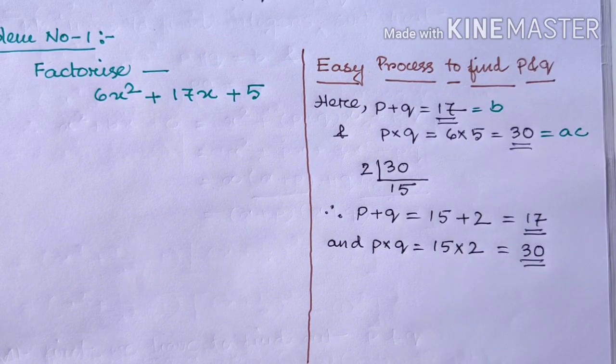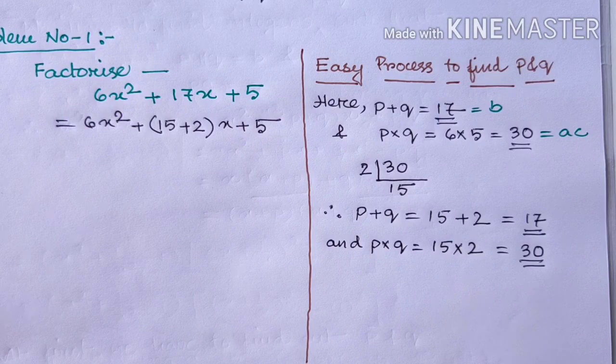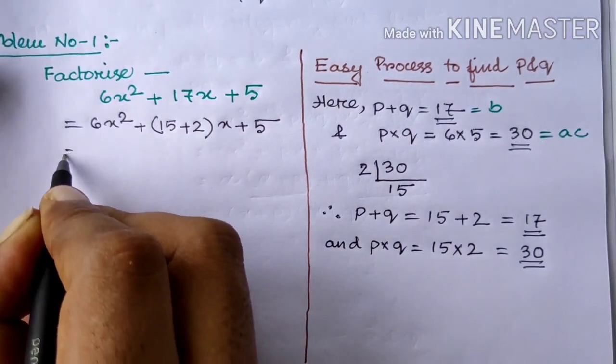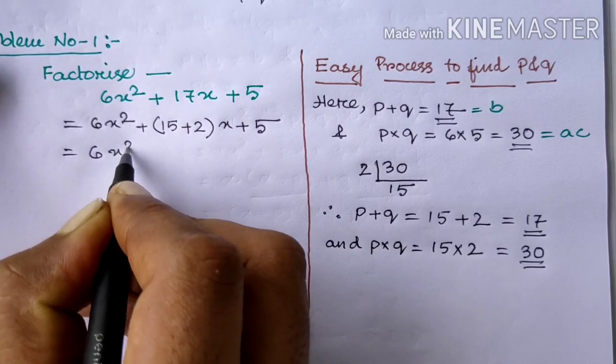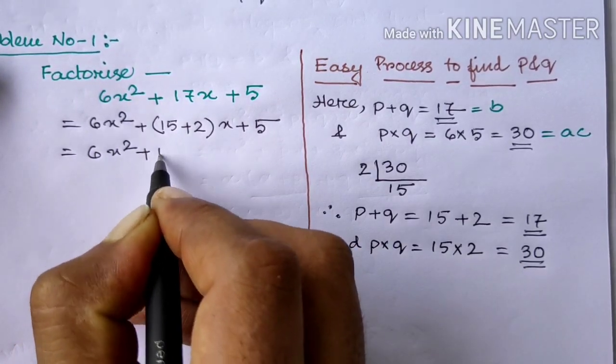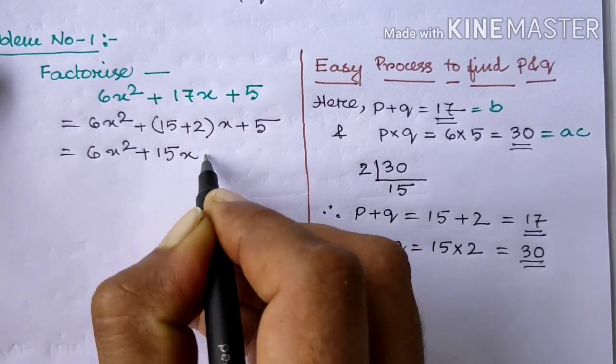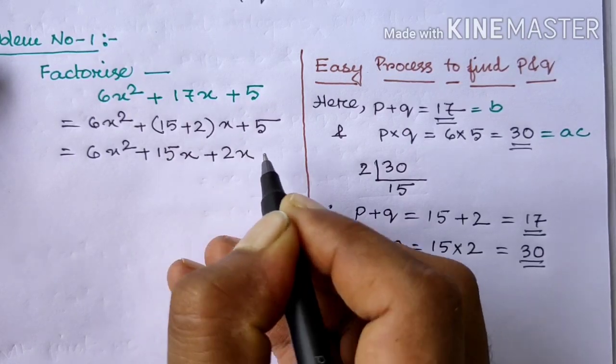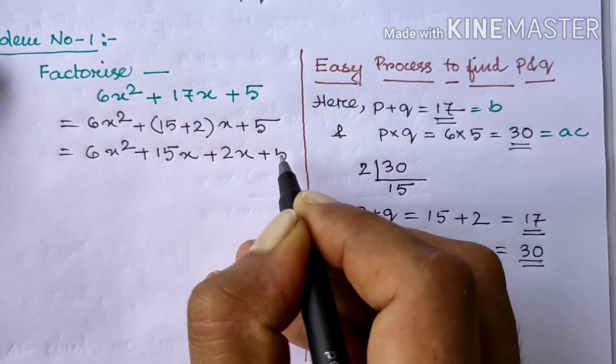Now we can write 6x square plus 17x plus 5 as 6x square plus (15 plus 2) into x plus 5. Now just simple multiplication, we get 6x square plus 15x plus 2x plus 5.